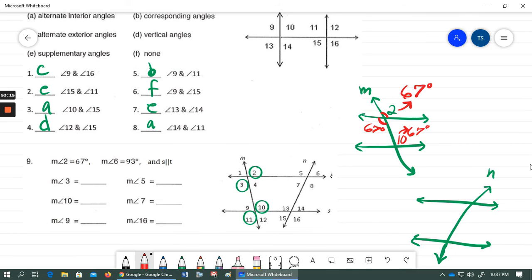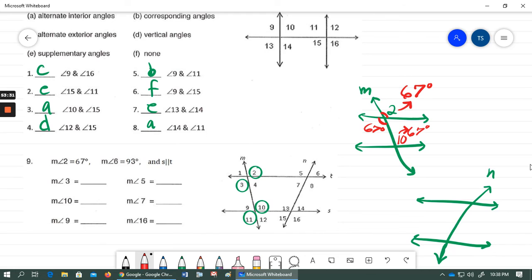So again, angle 2 and angle 10 are corresponding angles. Yes, they are. And so that's why angle 10 would be 67 degrees.